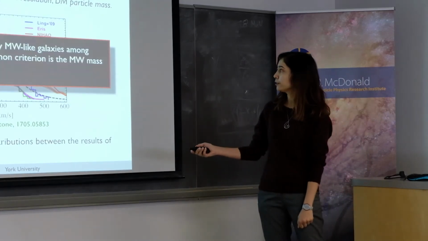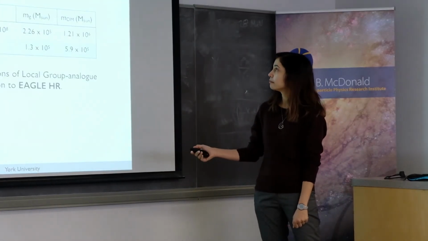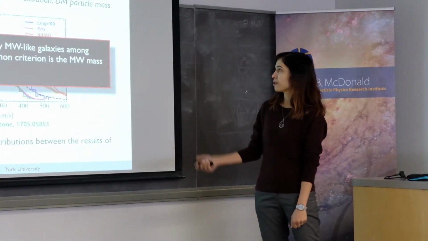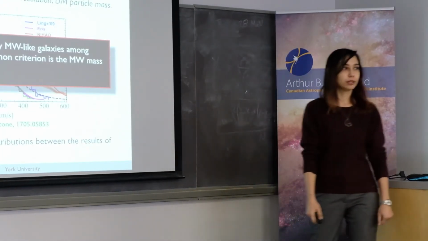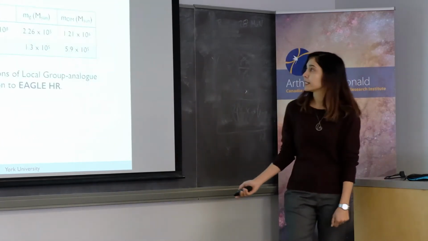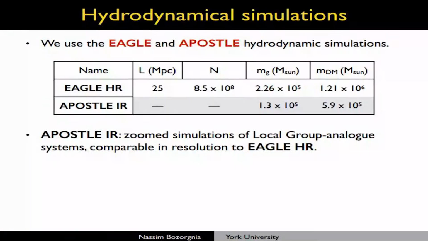So first of all, we wanted to see what criteria we have to use to identify these Milky Way-like galaxies. And we used the Eagle and Apostle simulations. Just to give you a little bit of detail about these simulations, Eagle is a large cosmological simulation.